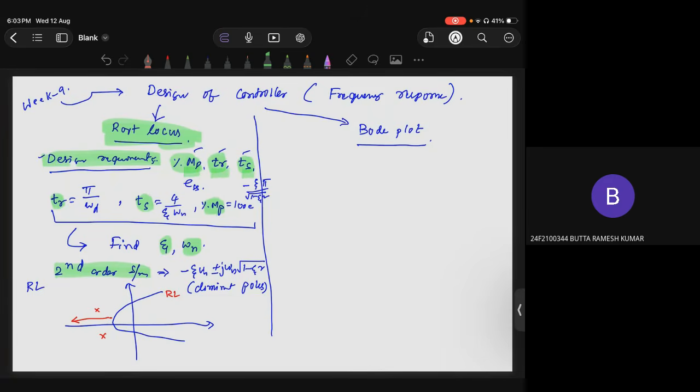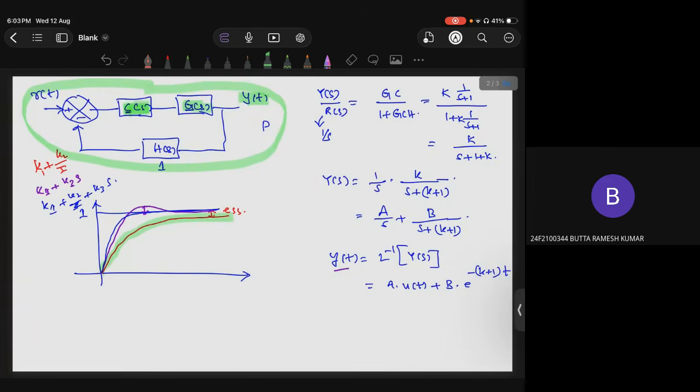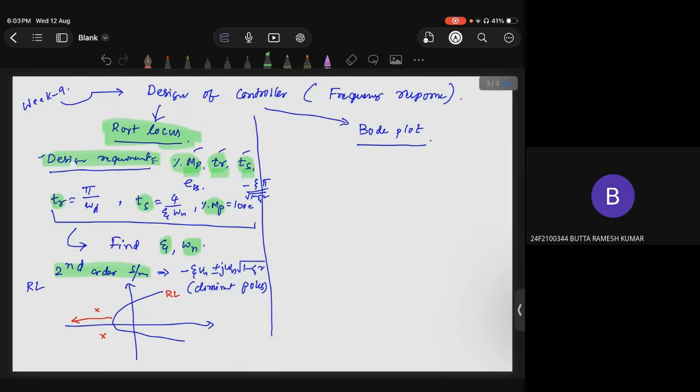This is my design requirement. Once I design my controller C of s, if I put that controller over there, it will give you some output, correct? That output should get these values.